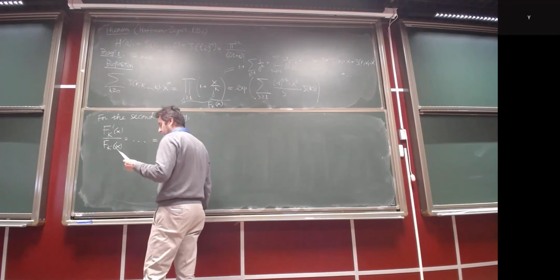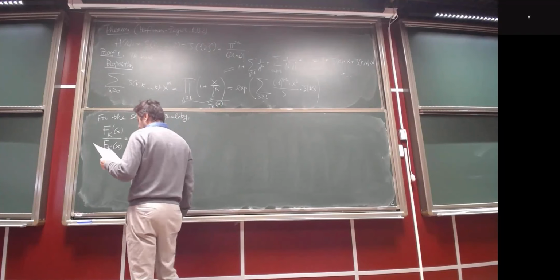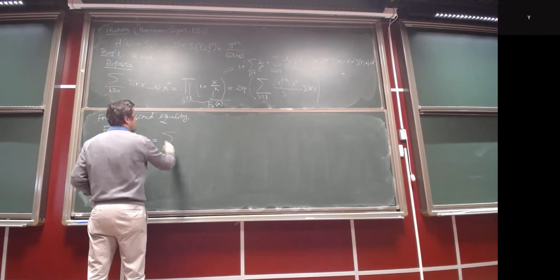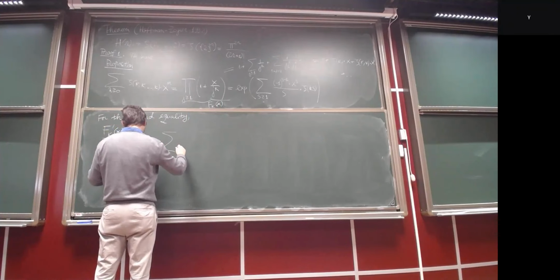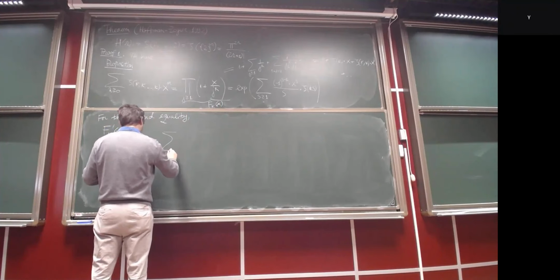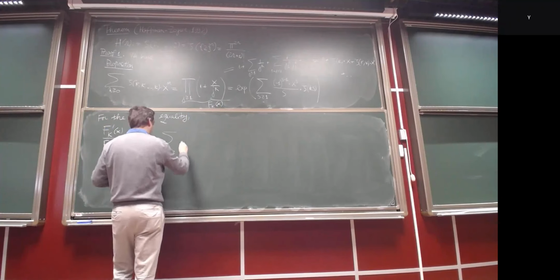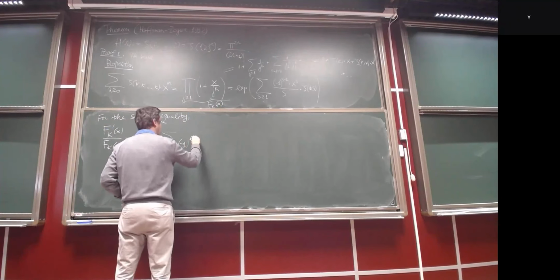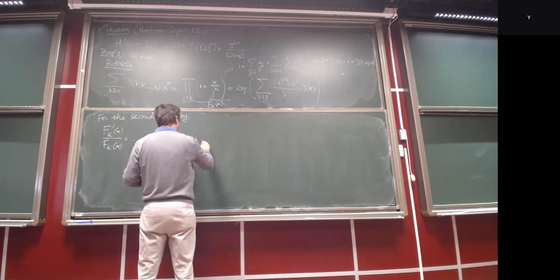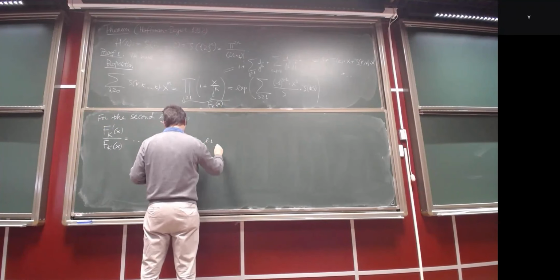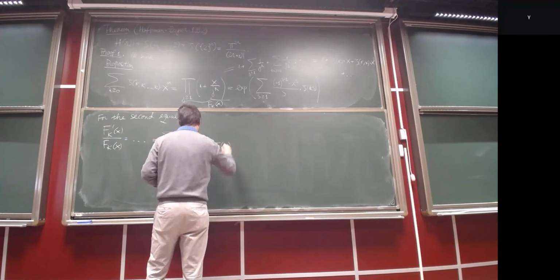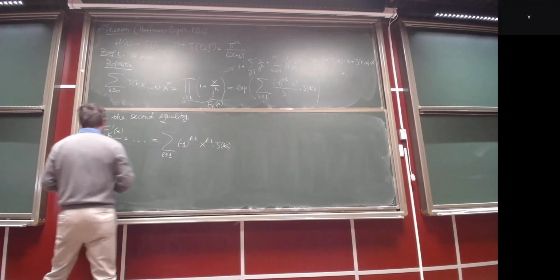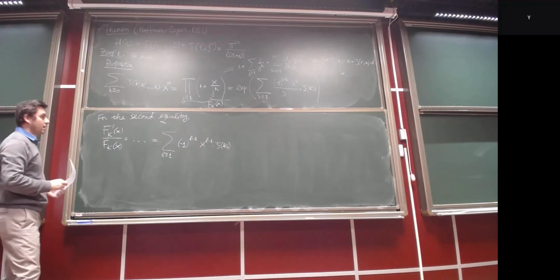In fact, I hope I did them the right way. So this will be exactly something like this: the sum over all L of negative 1 to the power L minus 1 times x to the L minus 1 times zeta of kL, something like that. Anyway, and then you just integrate, and then you will get the result.